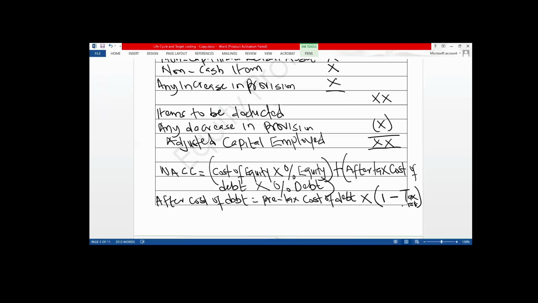Then deduct economic depreciation, deduct amortization of development costs, deduct impairments of goodwill. We are going to list this out.